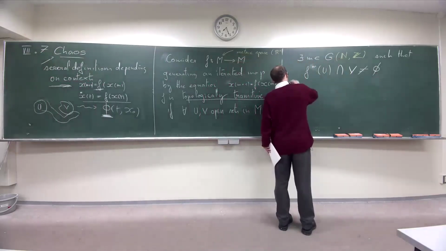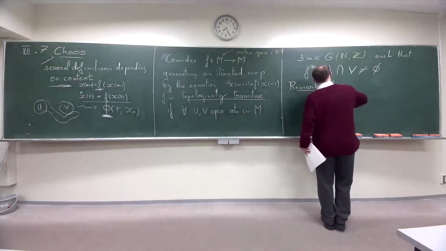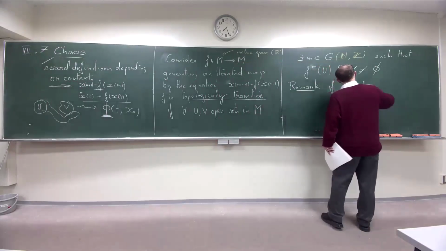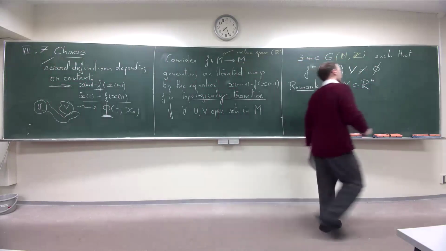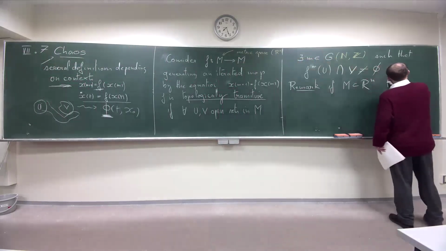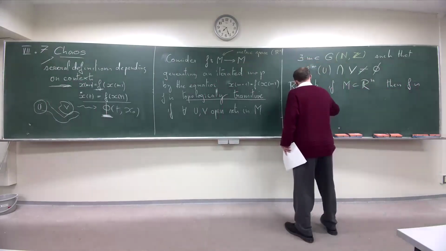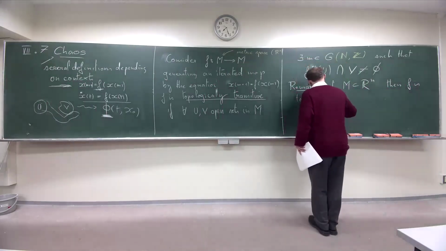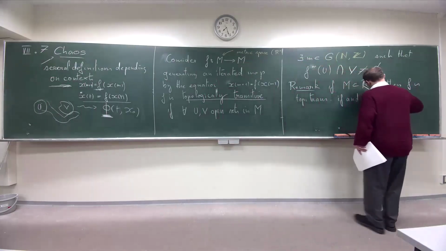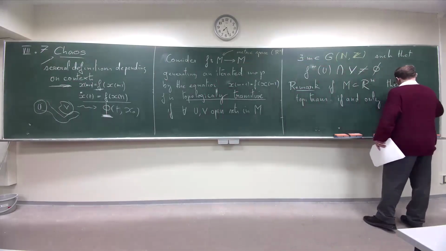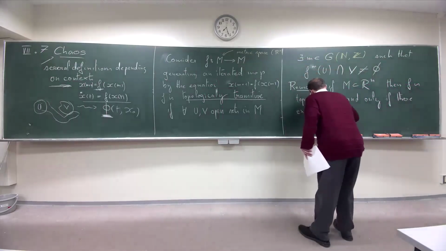And remark, because I made this remark in the other context, if the metric space is in Rn, so it's not the general case, but if it is in Rn, then f is topologically transitive if and only if there exists a dense orbit.